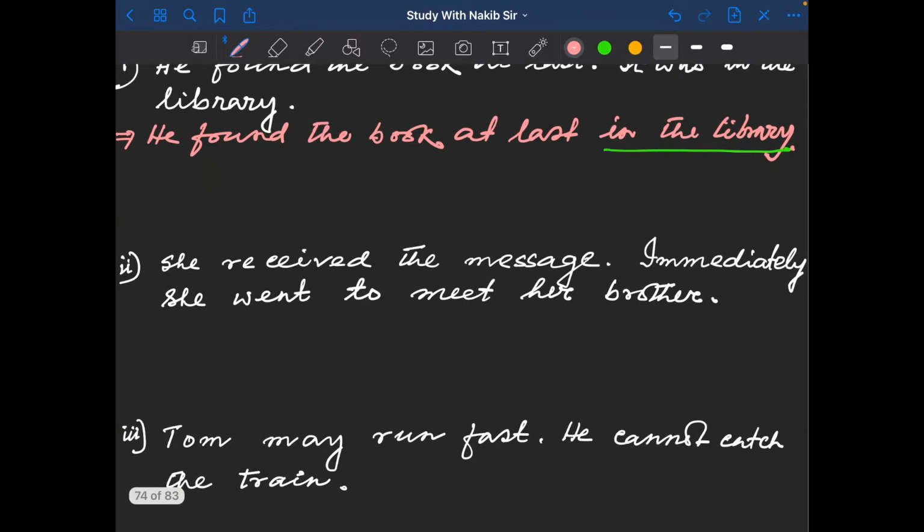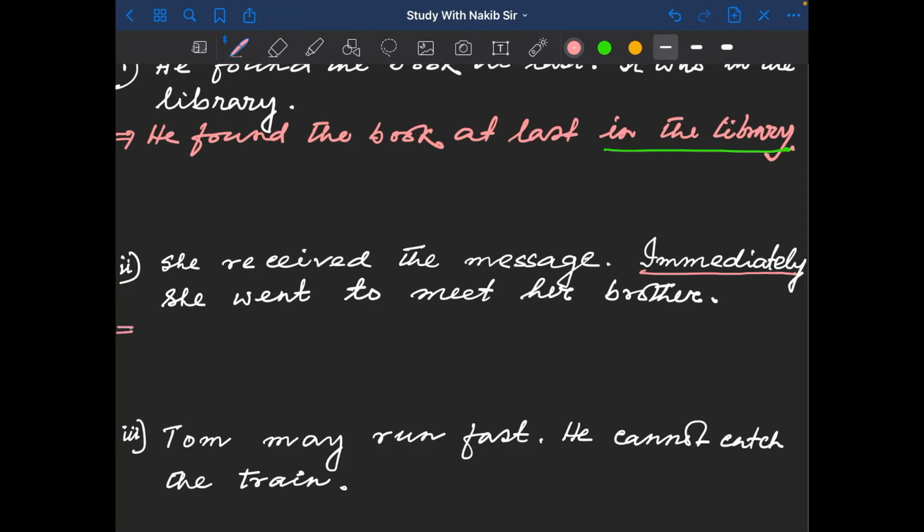She received the message. Immediately she went to meet her brother. See the nature of the second sentence. Immediately, it indicates the time. So you can use here as soon as or no sooner than.